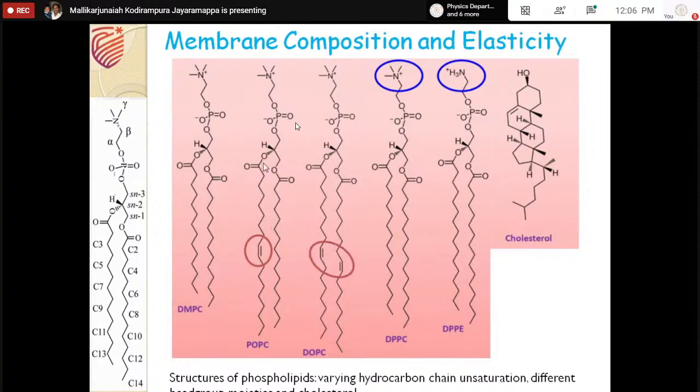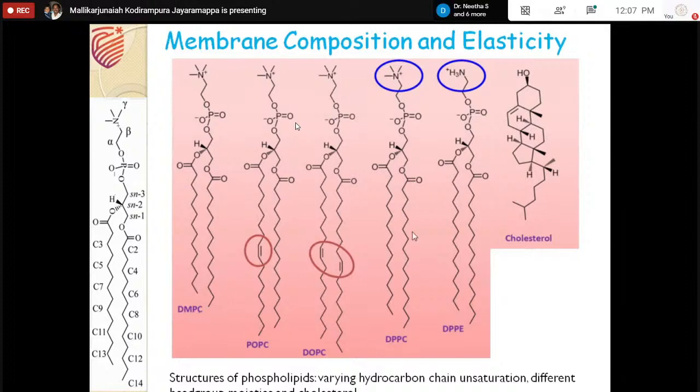Then we give different names for different lipids, also depending on the head group present here. An NH3 group is present. Depending on these things, just to give an example, this is dimyristoyl phosphocholine.